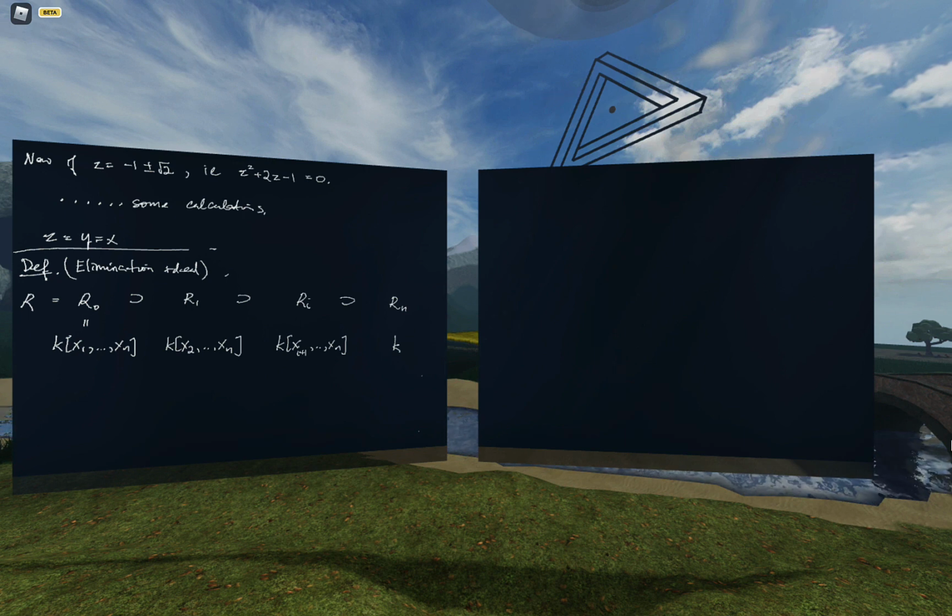And I'm going to define these ideals. I'm going to intersect I with each of these Ri's.